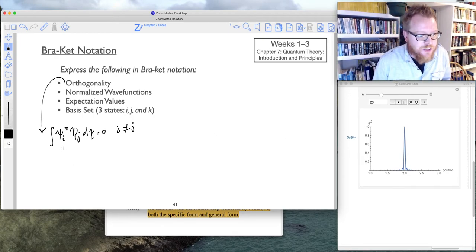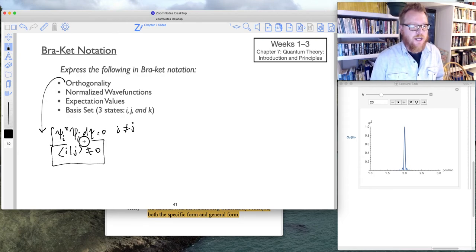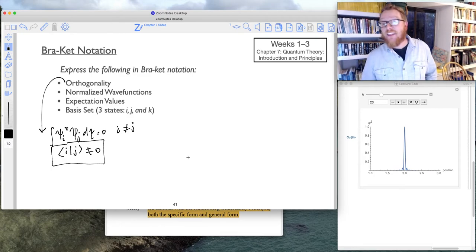Quite simply, I could just say i in a bra, j in a ket with a shared line equals 0. And bam, look how easy that was to notate, assuming that I know the Dirac bra-ket notation.